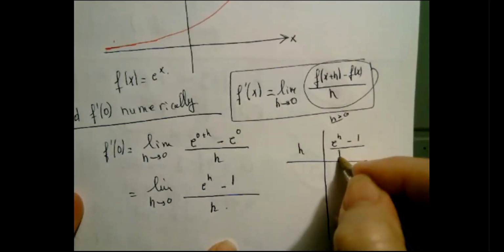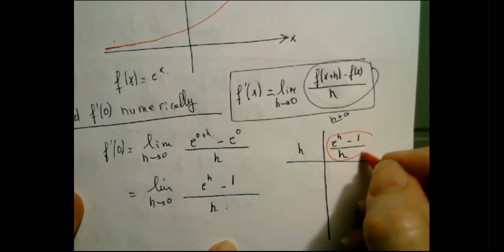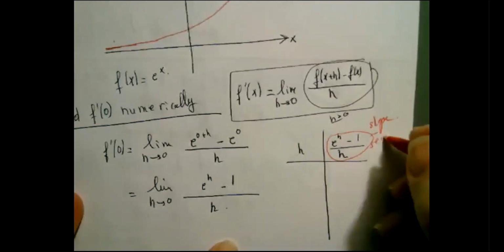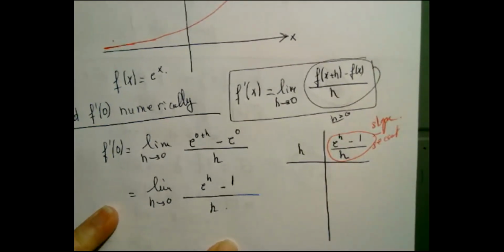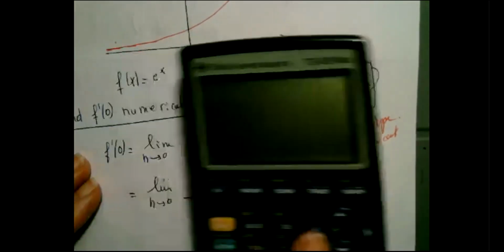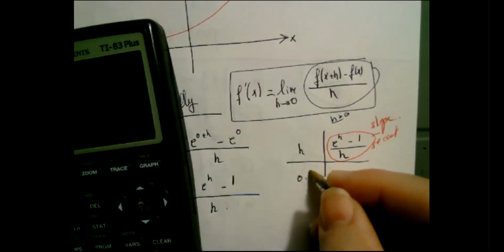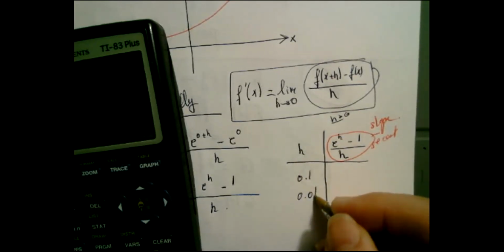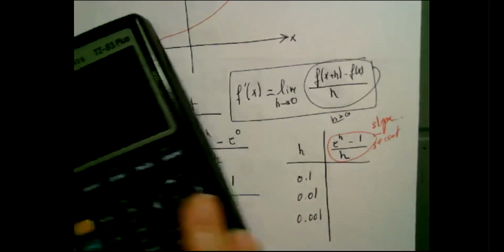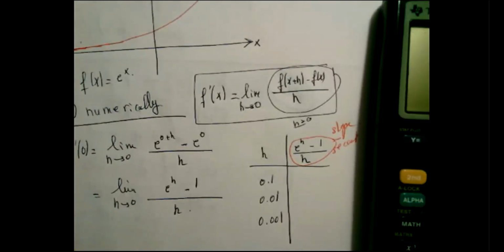And these are the slopes of the secant lines. Let us evaluate this. I'm going to do it on my calculator right there. I want h to become close to 0, so we're going to take 0.1, 0.001, and zoom in a little bit more and see what we get. You guys can help me if your calculator is next to you.